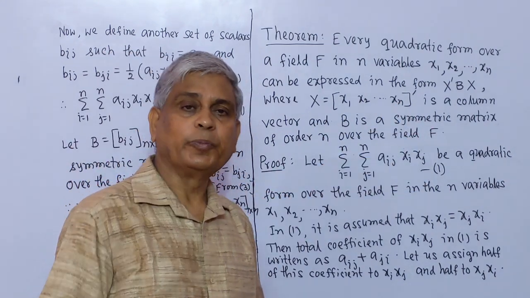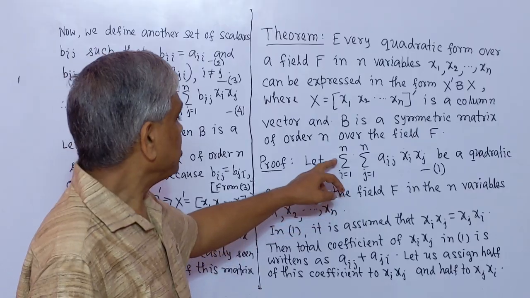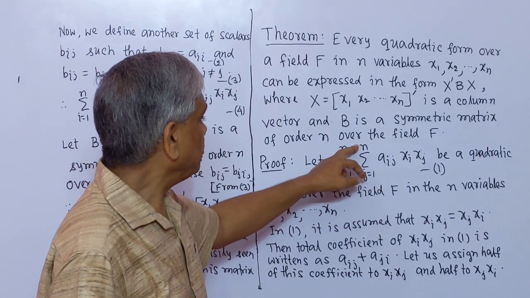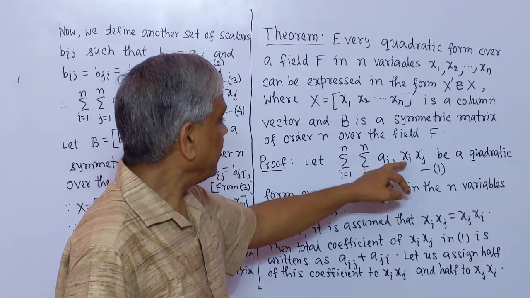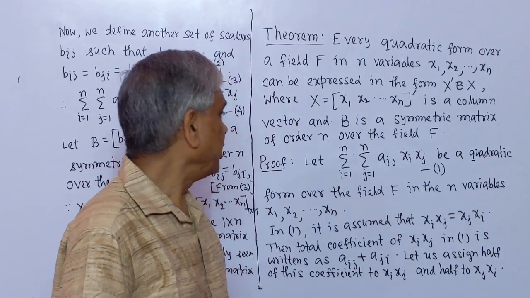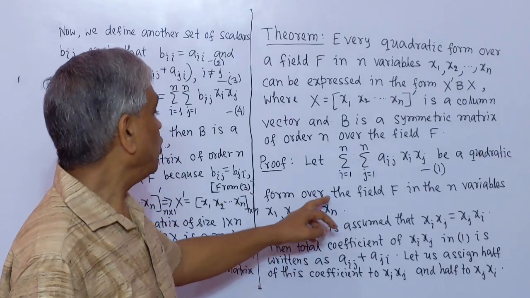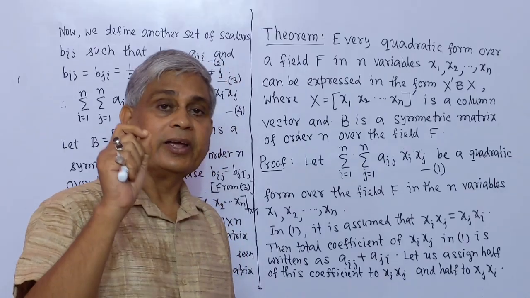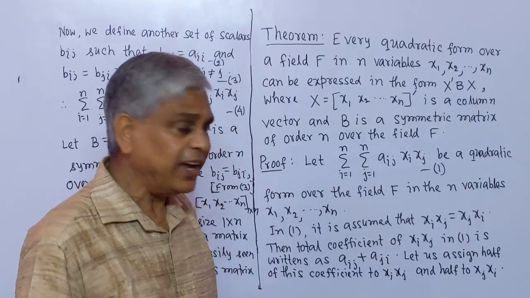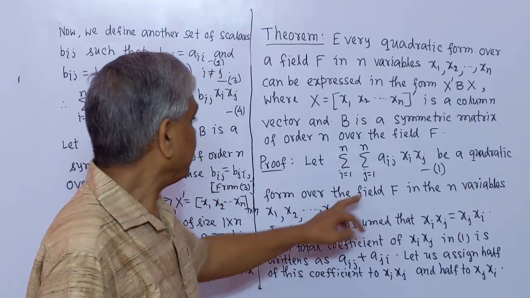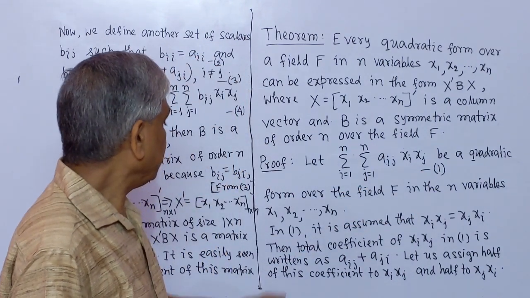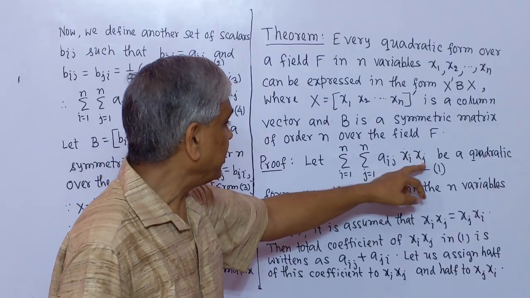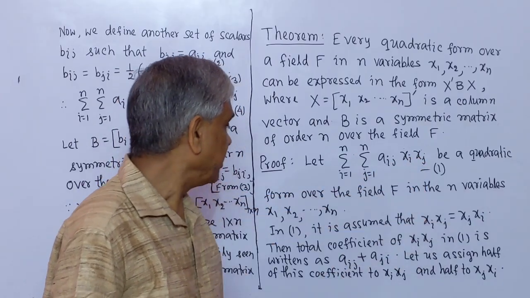Now we prove this. Let sigma i equal to 1 to n, sigma j equal to 1 to n, aij xi multiply xj be a quadratic form over the field F in the n variables x1, x2, dot dot dot, xn. Let this be number 1. In 1, it is assumed that xi multiply xj equal to xj multiply xi.